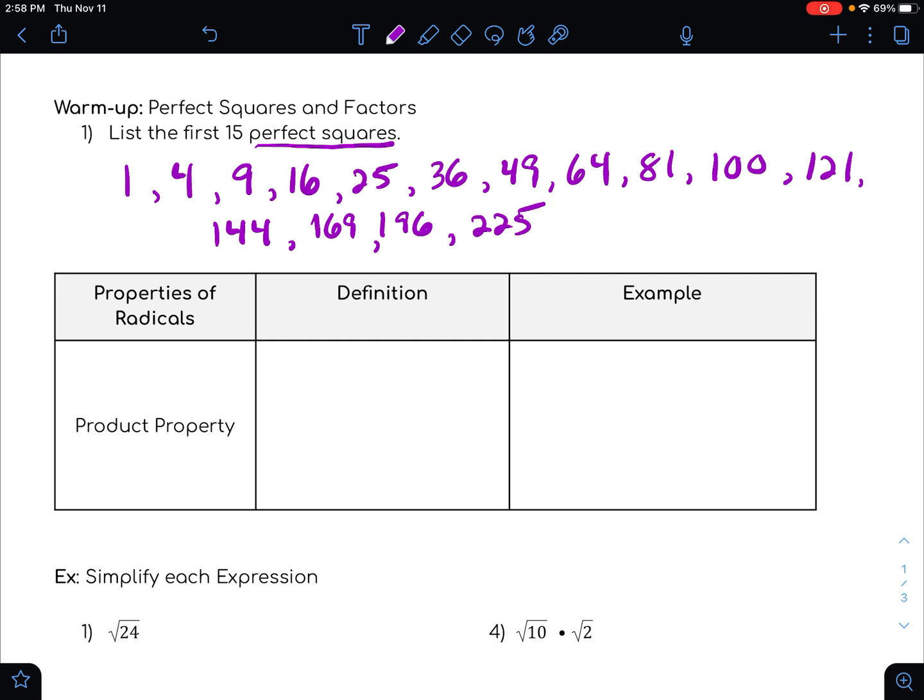And the product property says something like this. The square root of a product equals the product of the square roots of the factors.